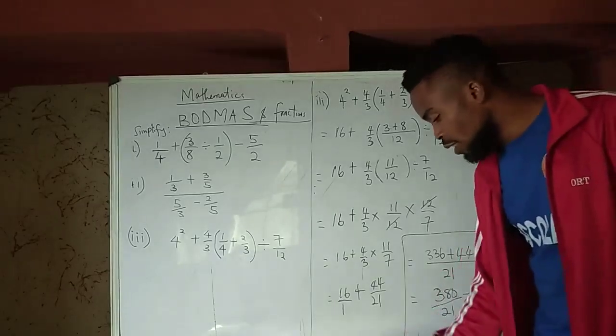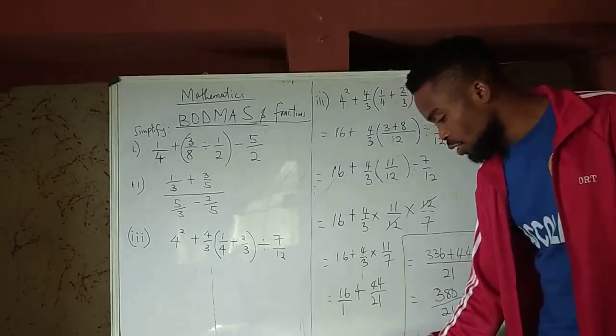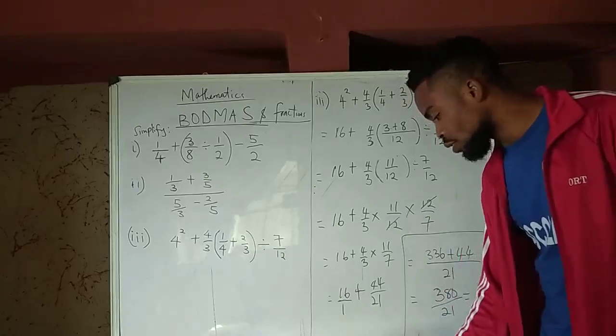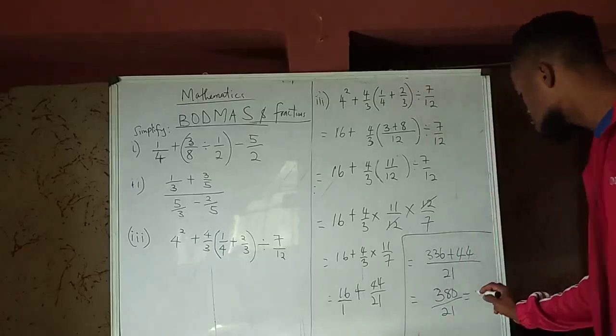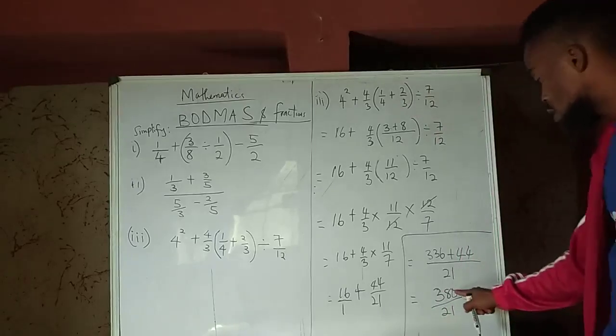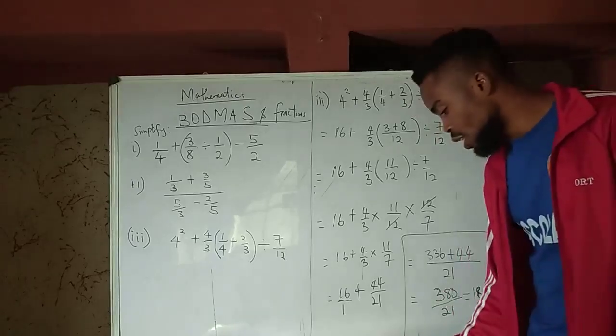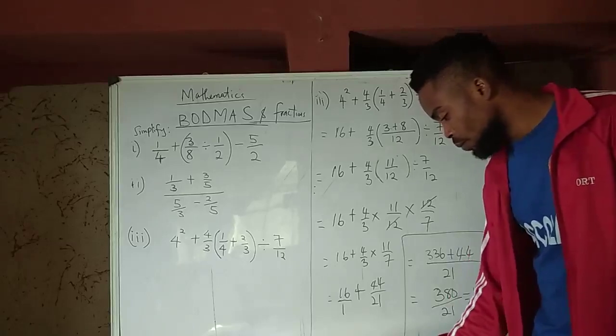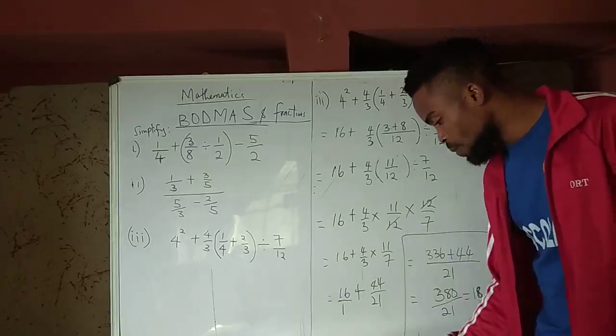So we can resolve that as a mixed fraction. 380 divided by 21 will go 18 times. How many will be remaining?